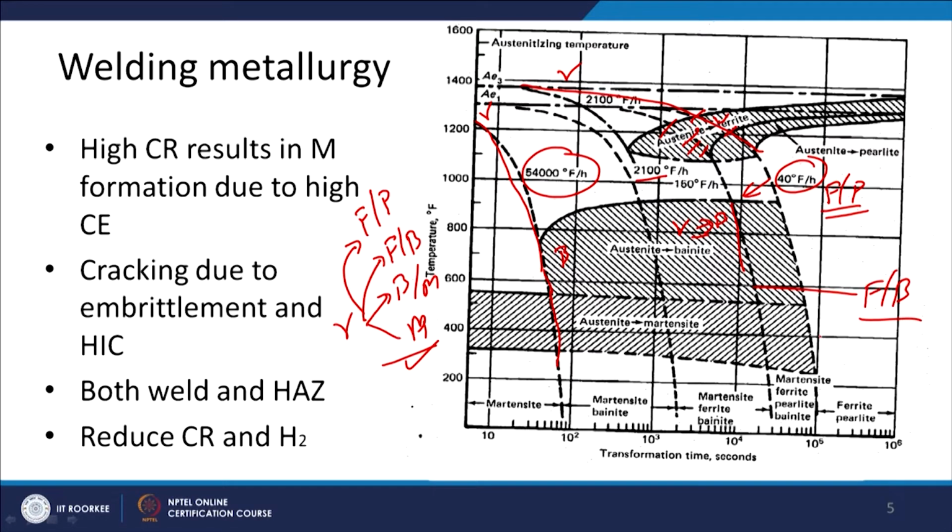So, what we can see here is that the high cooling rate results in the martensite formation in these steels due to the higher carbon equivalent, and the formation of the martensite increases the tendency for embrittlement as well as hydrogen induced cracking, and this happens primarily due to the formation of the martensite as well as entrapment of the hydrogen if it is there in the weld as well as the heat affected zone during the welding.